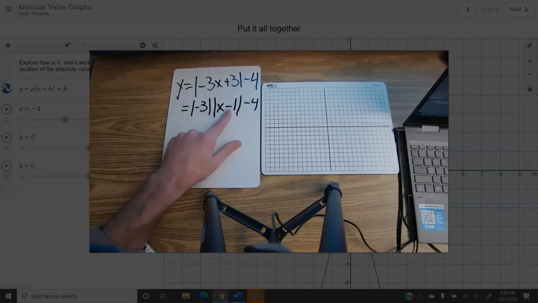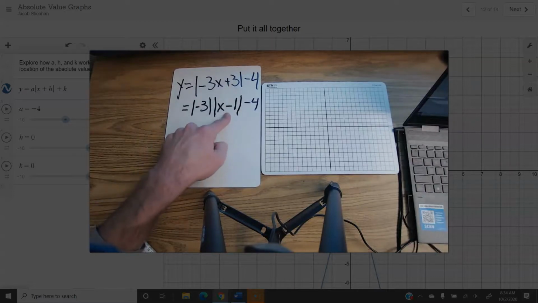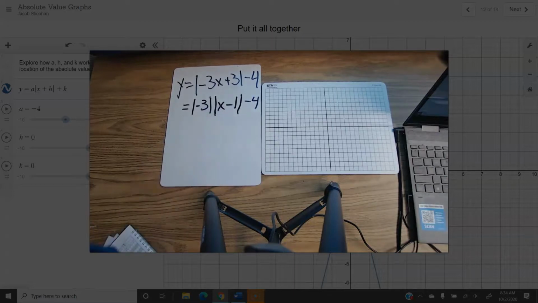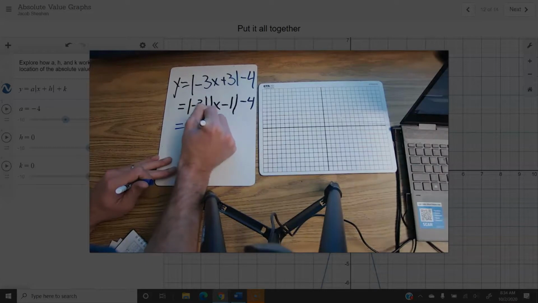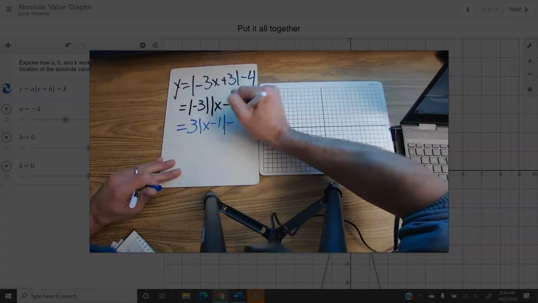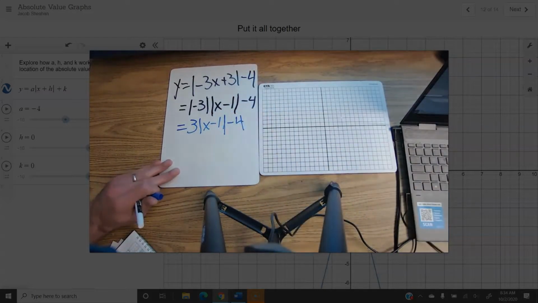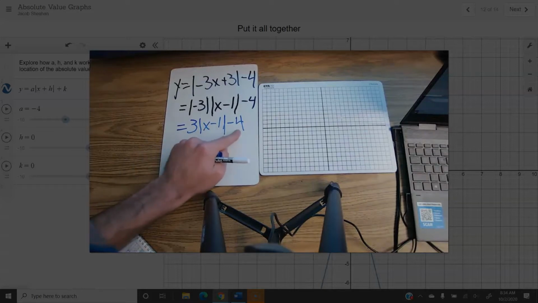And one more thing, remember, if I'm factoring out a negative from a positive, it flips it, okay? It becomes a negative. So what this will turn into is the absolute value of negative 3, which is 3. The bars stay the same. And the outside I haven't touched. Okay? There. Y equals a times the absolute value of x minus h plus k.